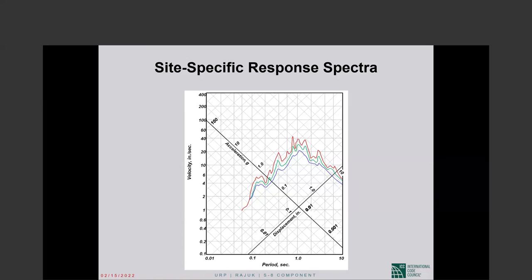Now, only averaging is not going to do it either, because these distinct peaks and valleys that are characteristic of every response spectrum simply reflect how the particular ground motion affected this particular structure.